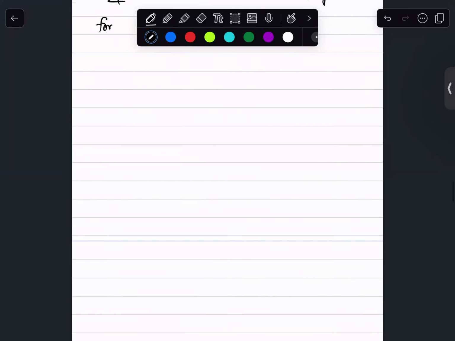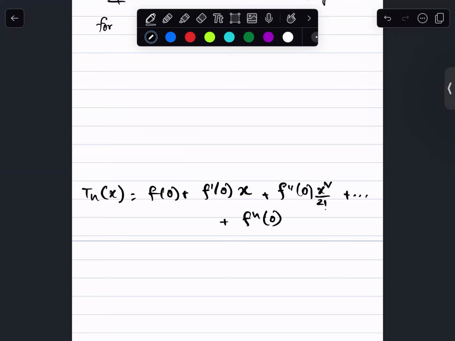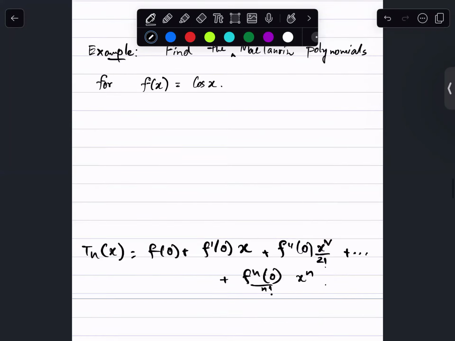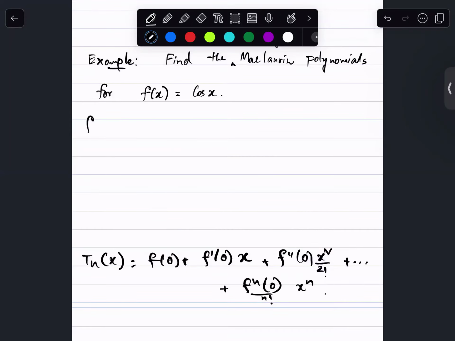So again, T_n(x) will be f of 0 plus f prime(0) times x plus f double prime(0) x squared over 2 factorial plus so on, f nth derivative at 0 over n factorial x to the n. Okay. So my f(x) this time is cosine x.